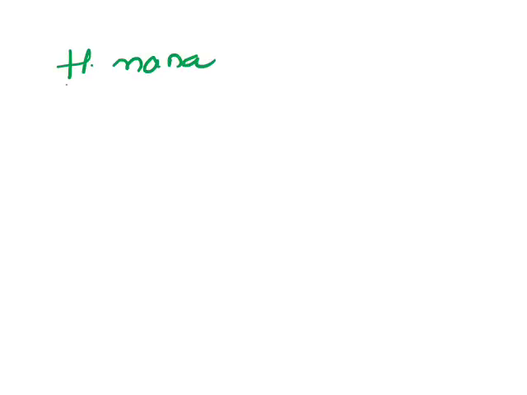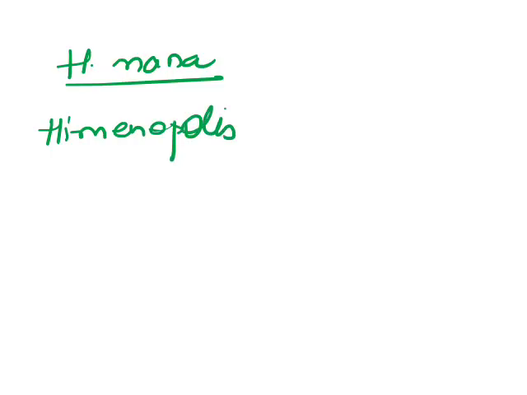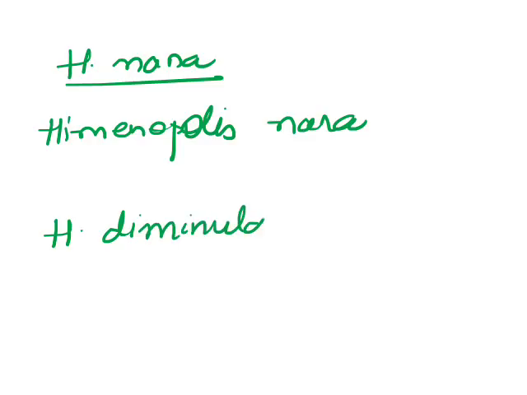Next, we saw the egg of Hymenolepis nana, or as a mnemonic, Hymenopolis nana, that has polar filaments. With bipolar knobs. So this was Hymenolepis nana. How do you differentiate it from Hymenolepis diminuta, that is the rat tapeworm?